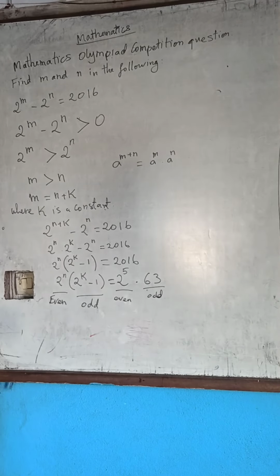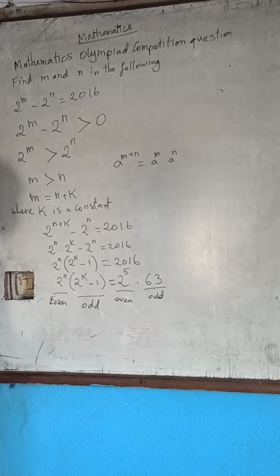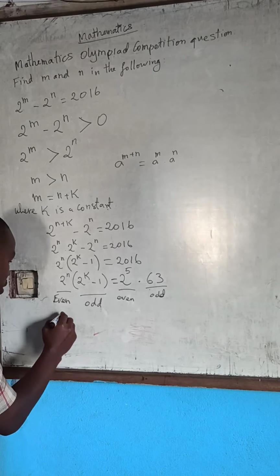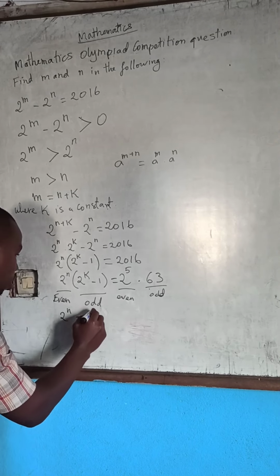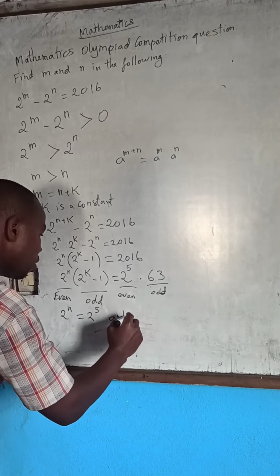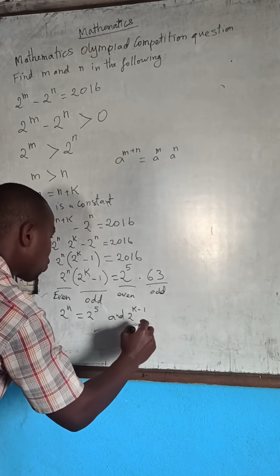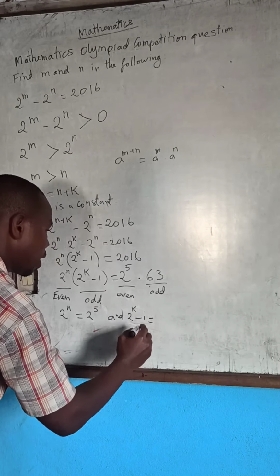So what we now do here is equate even to even and odd to odd. Now this gives us 2 raised to the power n must be equal to 2 raised to the power 5, and 2 raised to the power k minus 1 must be equal to 63, like this.